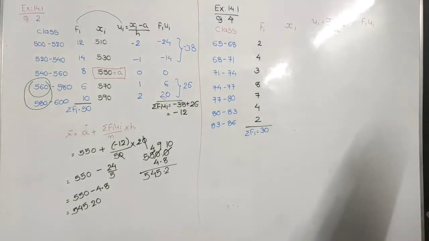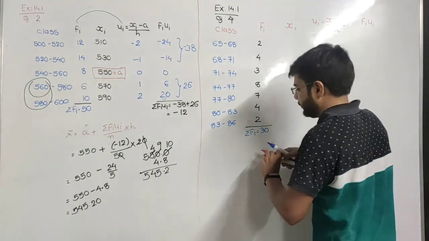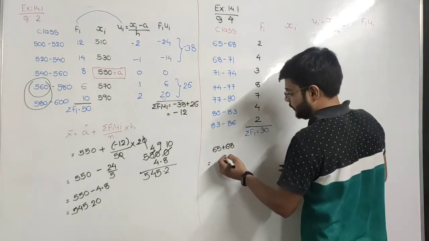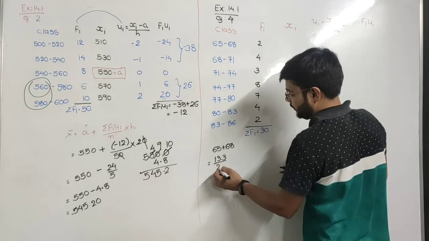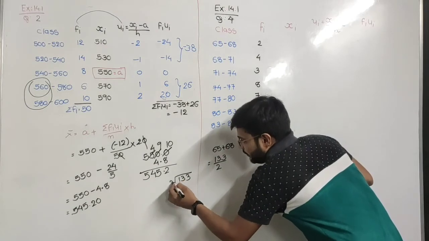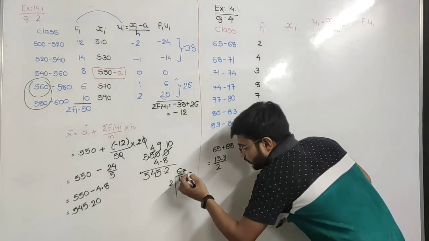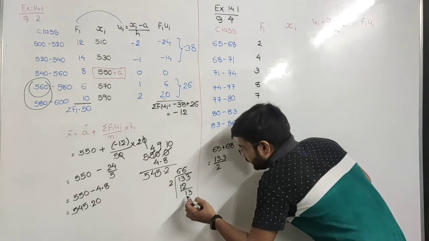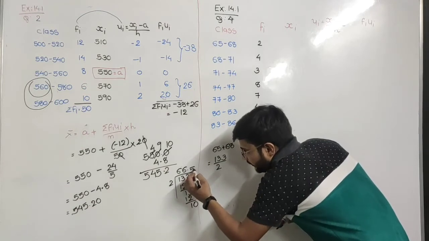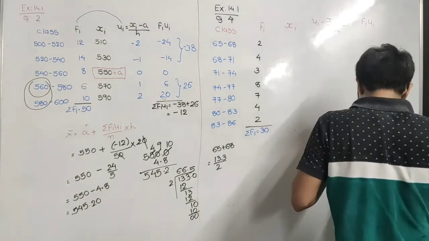Now this will be the difficult one, to find the xi, because 65 plus 68 is equal to 133, divided by 2. So the mid value will be 66.5.